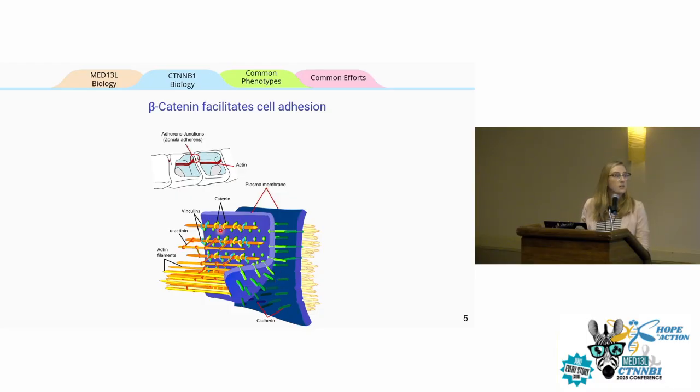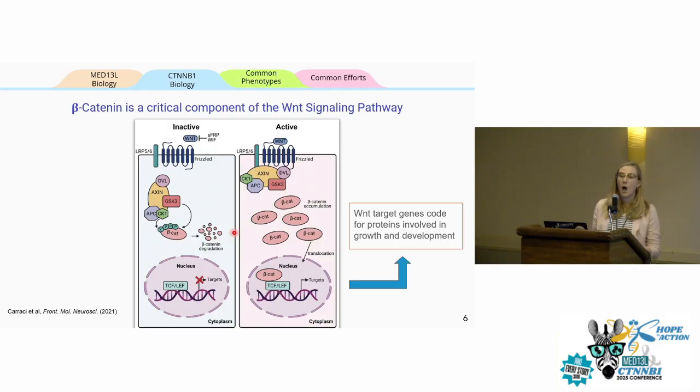And catenins, specifically beta-catenin, along with alpha-catenin, work together to connect these E-cadherins to the cellular cytoskeleton, here represented in orange. This is the scaffolding of the cell, so it works to really hold your cells together, quite literally. Beta-catenin, even more commonly known and studied, is a critical component of the Wnt signaling pathway.